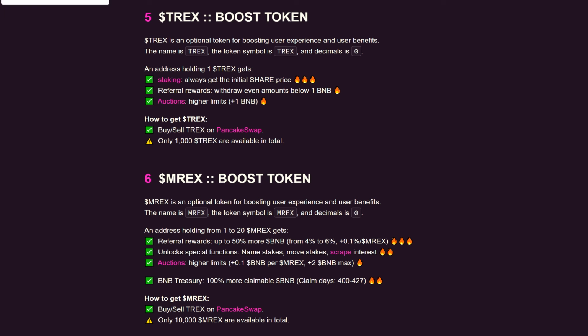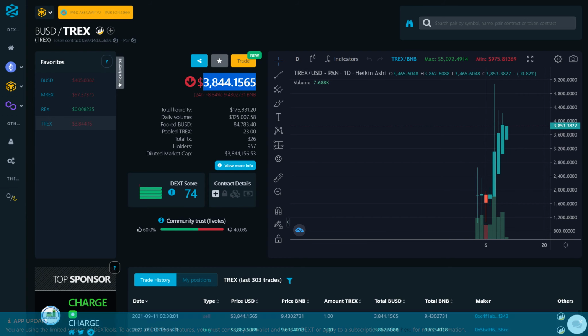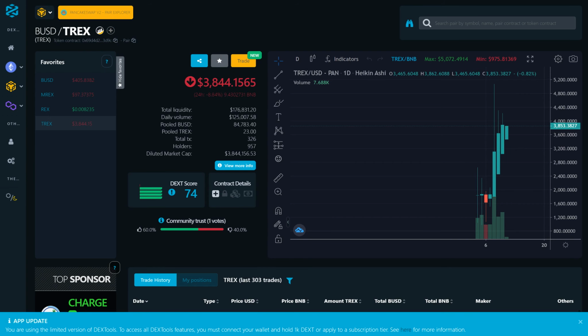Now, there are some ways that you can get it. There are some members who are willing to stake it for you. Basically, you have to trust them to send your Rex tokens to someone, and they're going to stake it for you and send it back to you. The other way some people are doing it in chat is they purchase a TREX at whatever price it is, in this case 3,800.